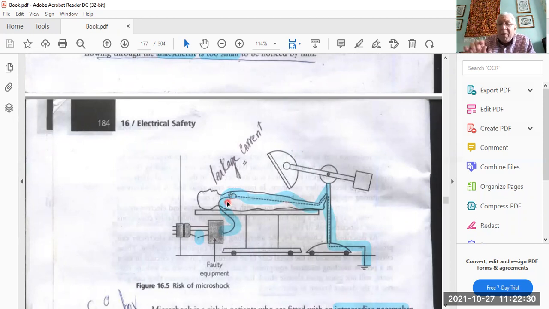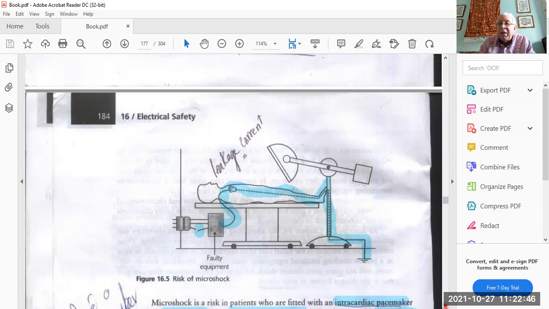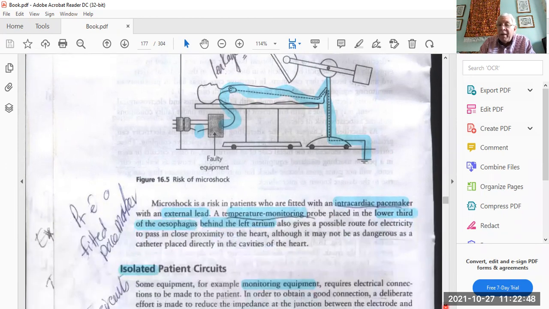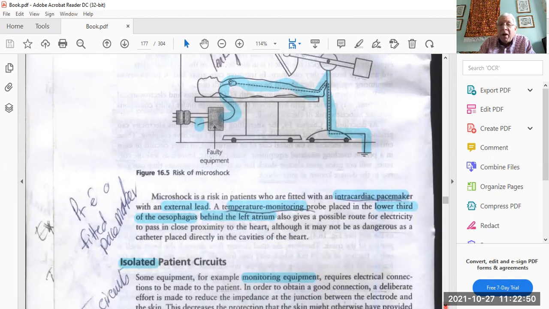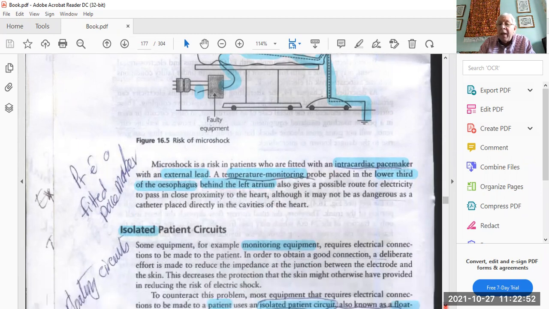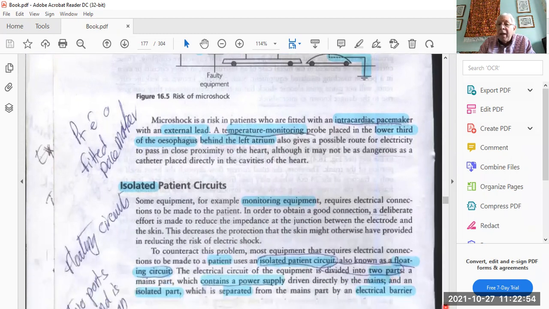So a minimal amount of current, up to 150 microampere, is capable of inducing ventricular fibrillation. As you can see, the current will pass through the patient, pass by the lamp source and go into the earth, completing the circuit, where the patient can be electrocuted though he received only 150 microampere.